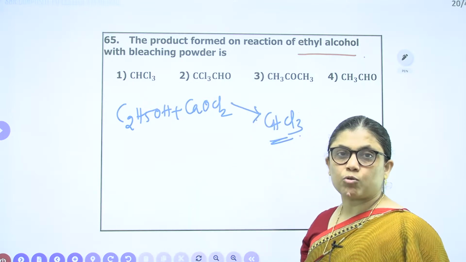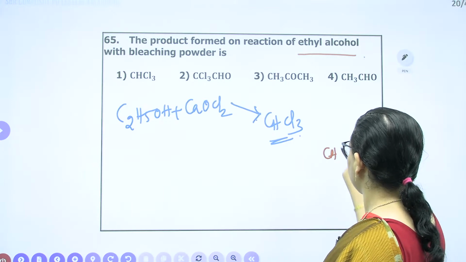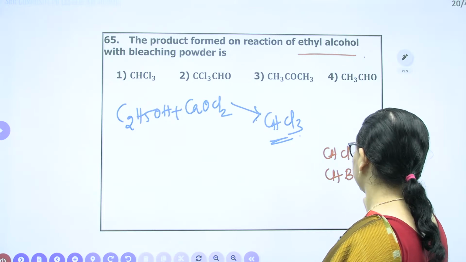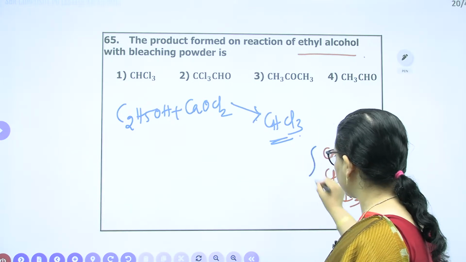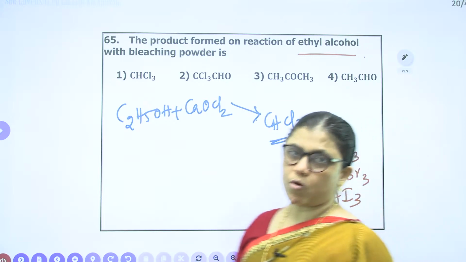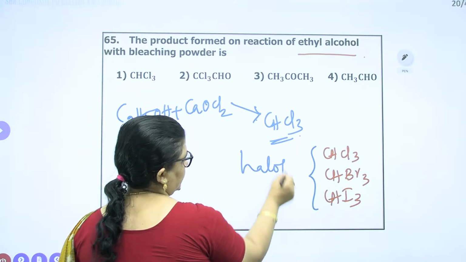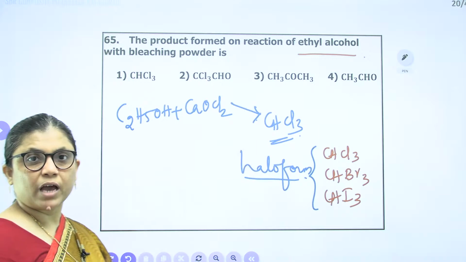It may be chloroform CHCl3, CHBr3 or CHI3. All together they are called as haloform.